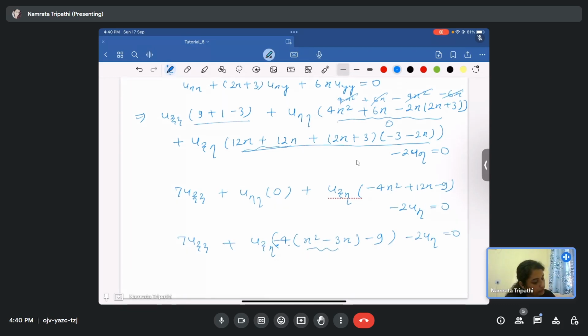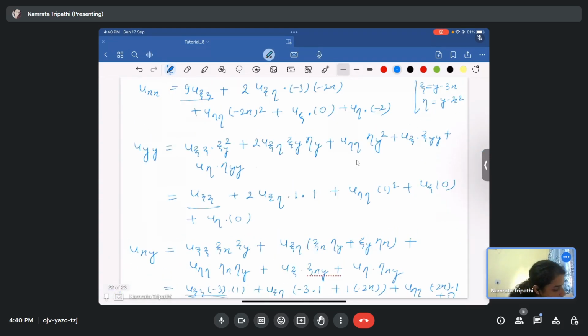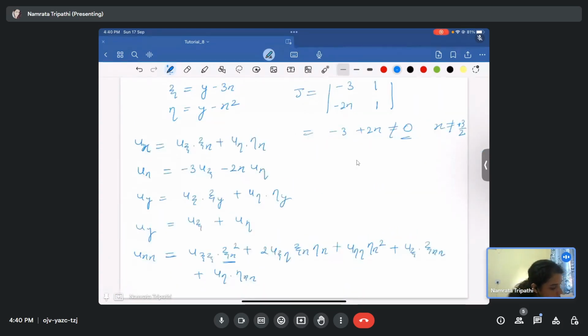Because in the canonical form, we have to express each term in the form of xi and eta. So let me check what is xi. Xi is y minus 3x, and eta is y minus x square.